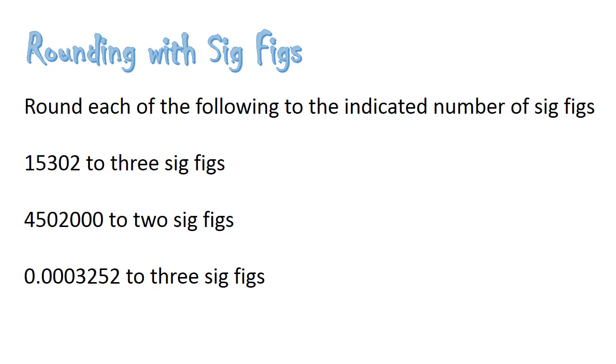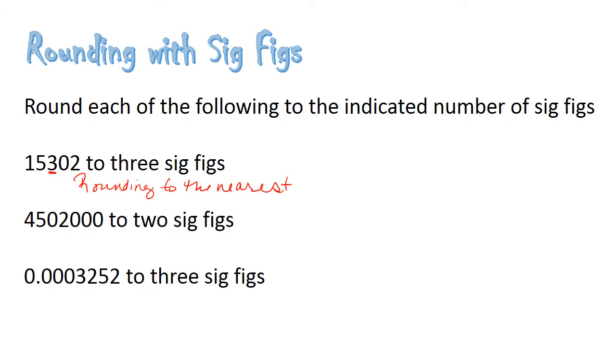Interestingly enough, rounding with significant figures seems to be one of the more difficult tasks for students. When we say round this number to 3 sig figs, what I'm saying is I want this number rounded so that we are rounding to the nearest place value of that one.